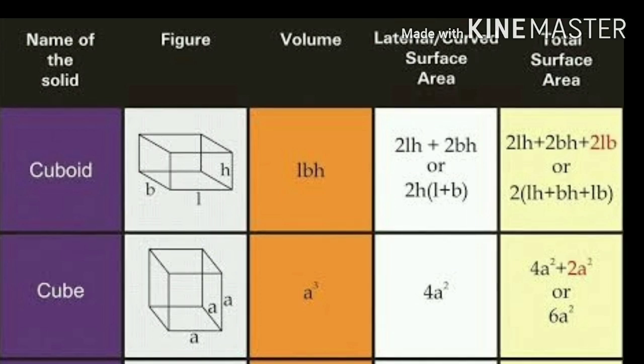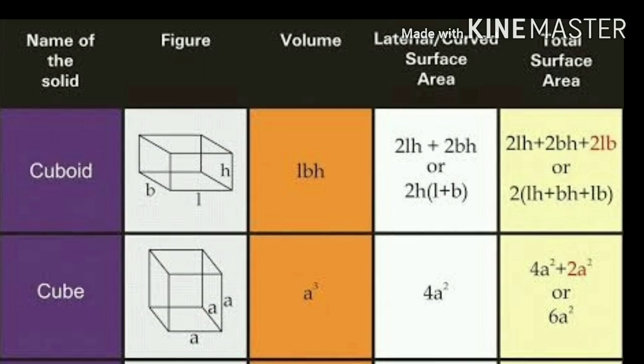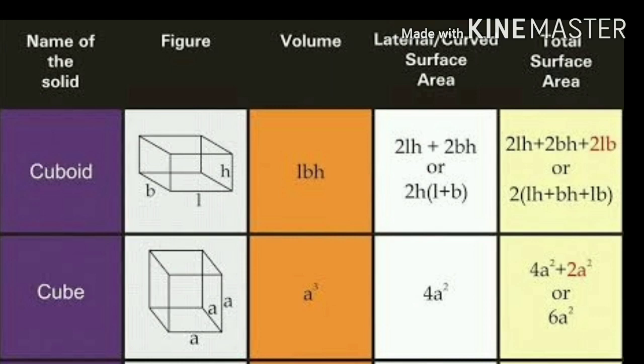Coming on to the cube. You would have observed this cube when you play with the dice in the game of snakes and ladders. This cube will be composed of 6 square faces.